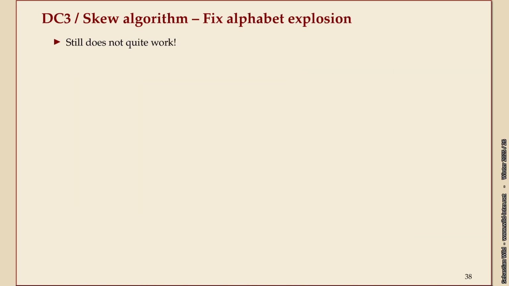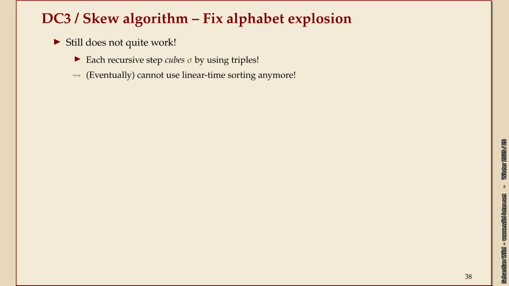But now we created a new problem because we cubed the size of the alphabet in each recursive call. And that you can only do a few times before it gets so big that you can no longer use counting sort, at least in the simple way, right?